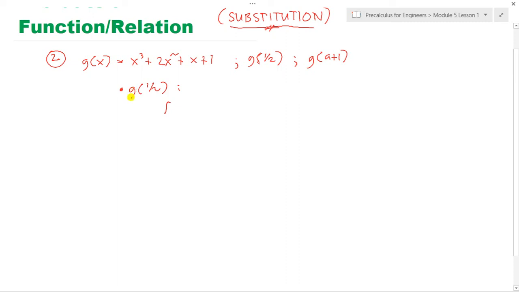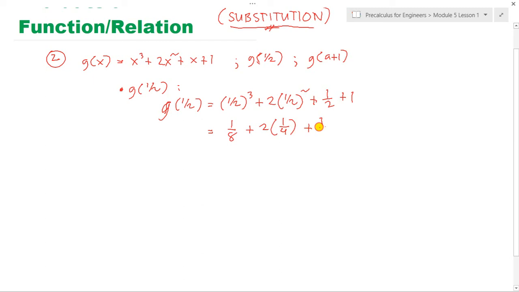So g of 1/2 is equal to the value of our x, which is 1/2. So we have here 1/2 cubed plus 2 times 1/2 squared plus 1/2 plus 1. So here this is 1/8. The next one is 2 times 1/4.